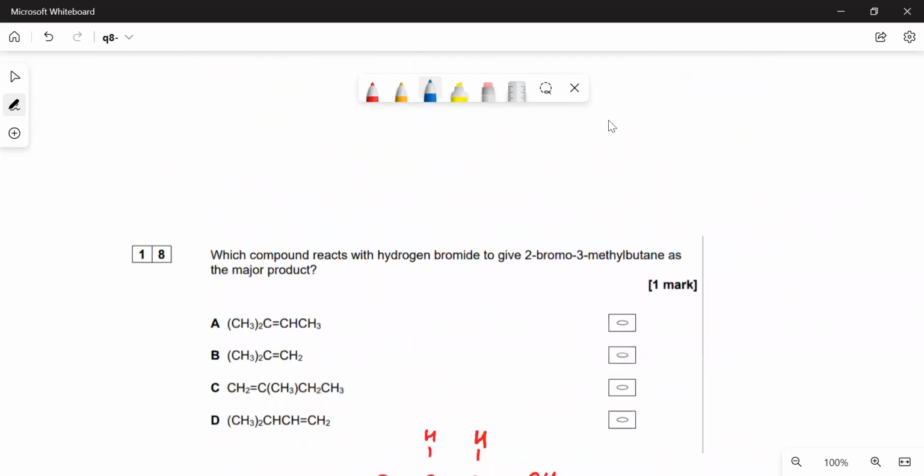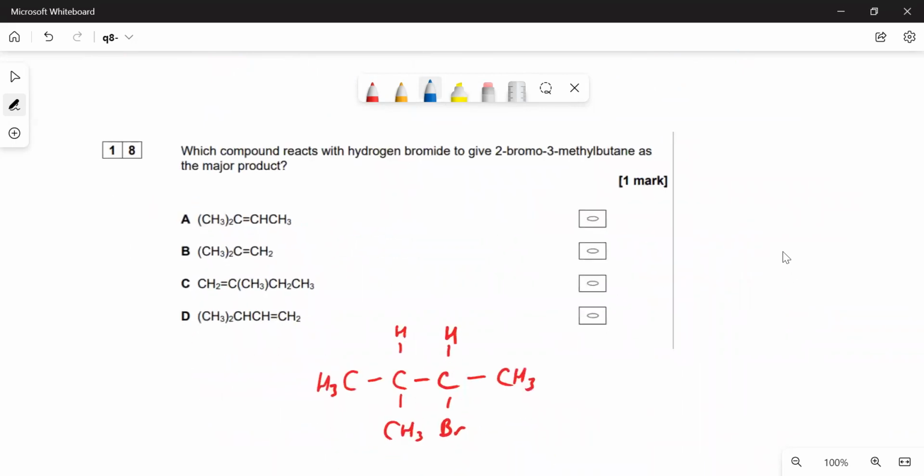Right. 18. Which compound reacts with hydrogen bromide to give 2-bromo-3-methylbutane? So I've drawn that as the major product. Now, remember, when you form these compounds, I'm going to change this here and put the hydrogens down like this.